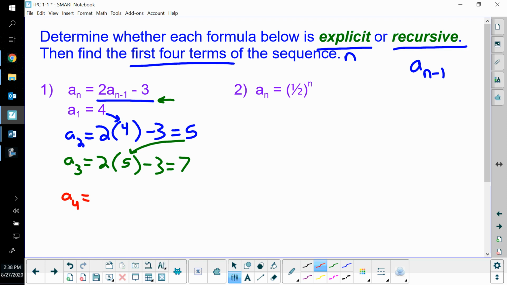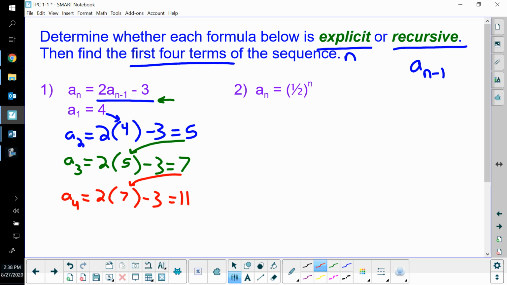So we'll have a sub 4. We'll follow that same pattern of 2 times the previous term minus 3. Take that previous term and fill it in. 2 times 7 is 14. 14 minus 3 is 11. So our first 4 terms, we got 4, 5, 7, 11.